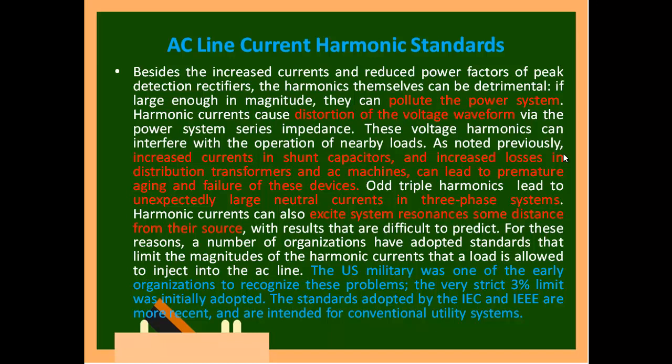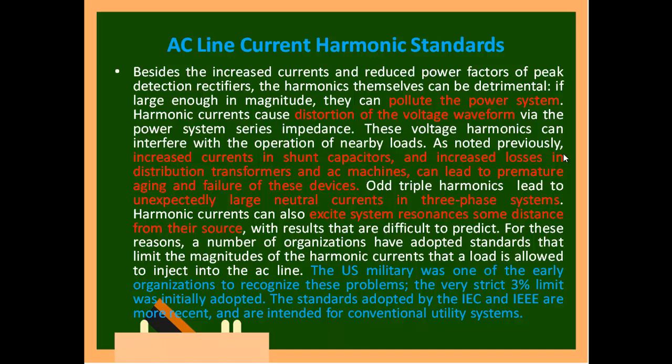Which means if you buy a transformer that is rated to work for 20 years, due to these harmonics it will not work for the rated years, it will die before that. We call that premature aging. The odd triplen harmonics lead to unexpectedly large neutral current.